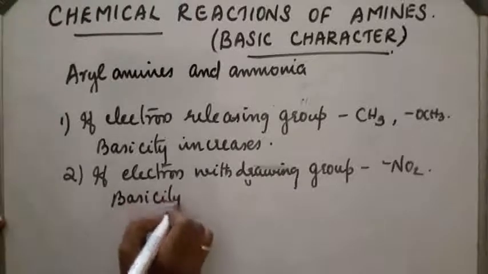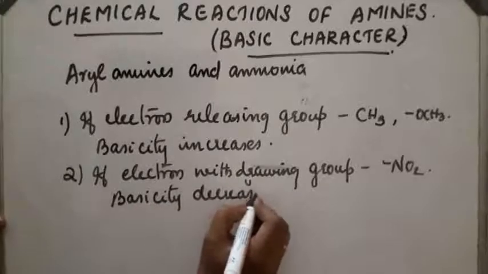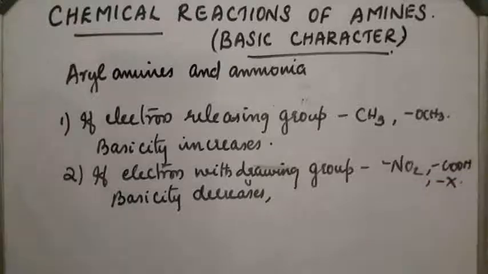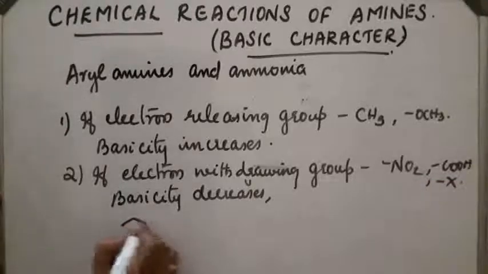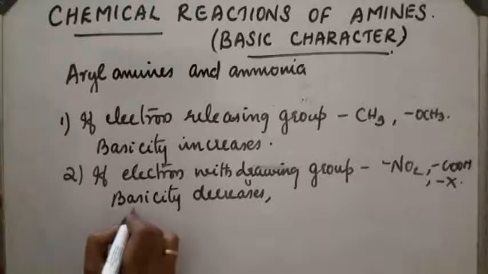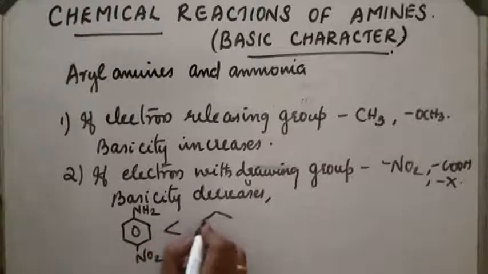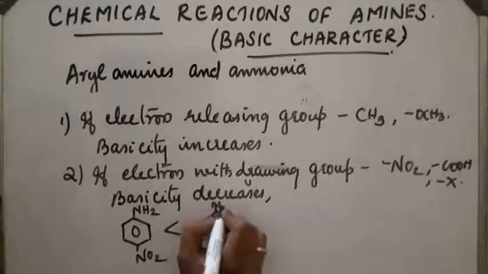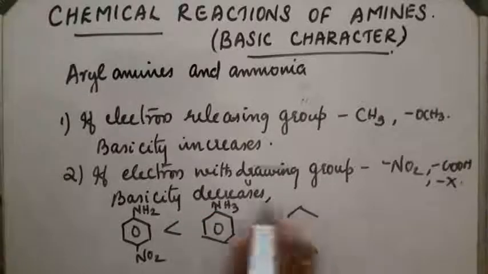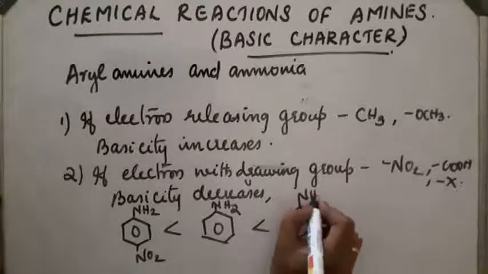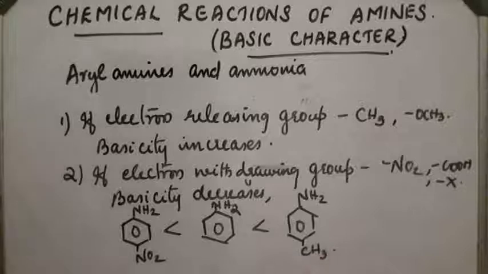Examples are NO2, COOH, X, etc., where X means halogens. So the order will be like this. See, if NO2 is present, it is less basic compared to aniline. If an electron releasing group is present, it is more basic. This will be the basicity order of different substituted amines. Toluidine is more basic, para-toluidine.